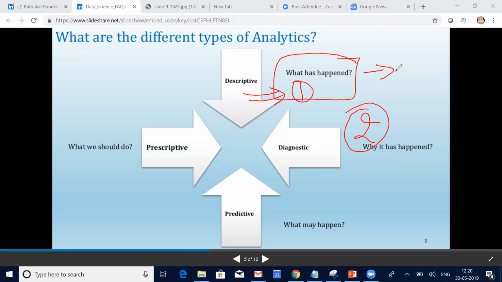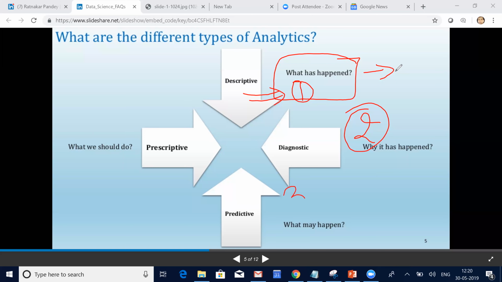So let's say Facebook or TV and so on and so forth. So now you're not just stating that something has happened, you're also trying to figure out why it may have happened. And that's what diagnostic analysis boils down to. You're saying why it has happened, right? The why question is very, very important and very, very pertinent for any business problem solving, right?